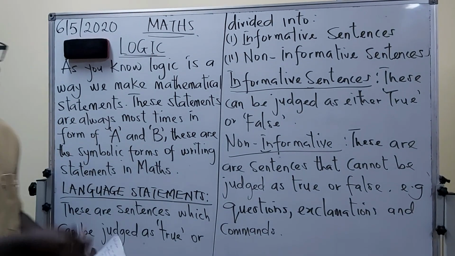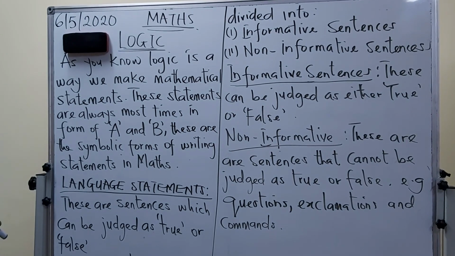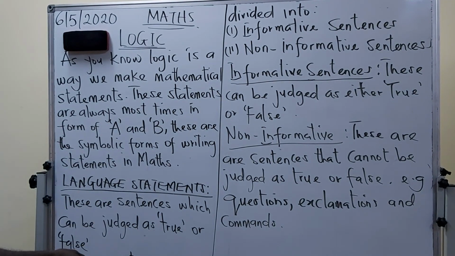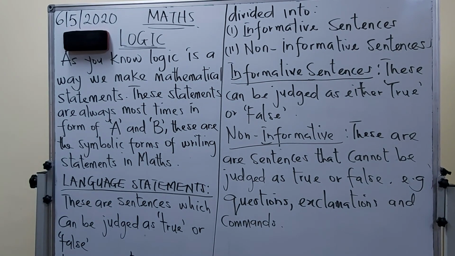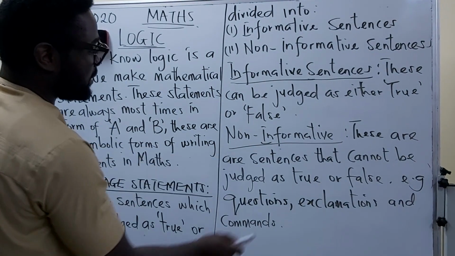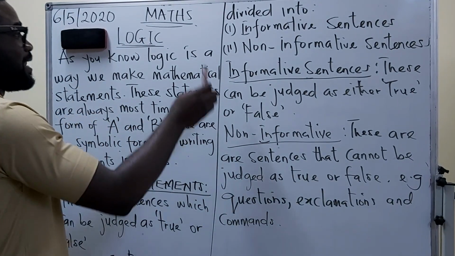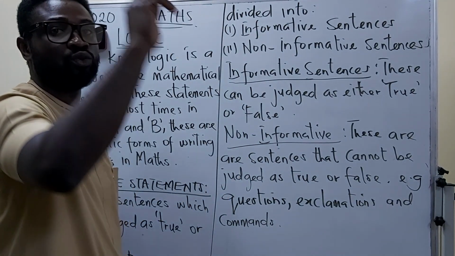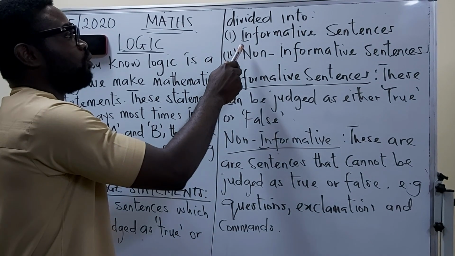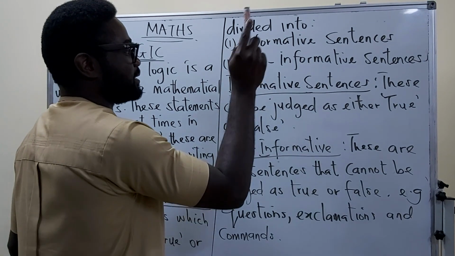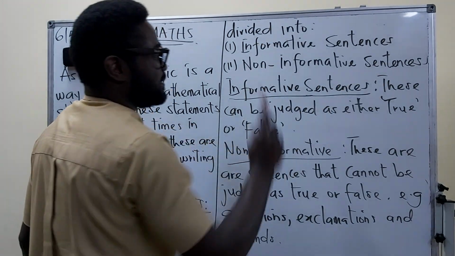Now, look at what I've written on the board. We speak of language statements. Yes, they can be judged as true or false, but not all. That is why non-informative ones cannot be judged as either true or false. Now, language sentences can be divided into two parts. One is informative sentences, the other one is non-informative sentences.